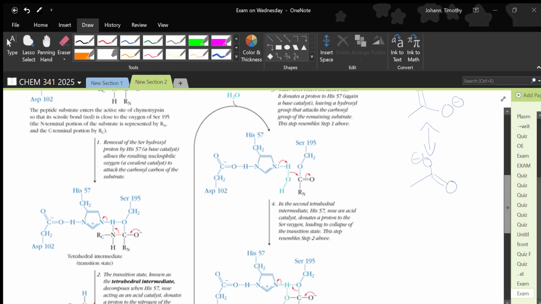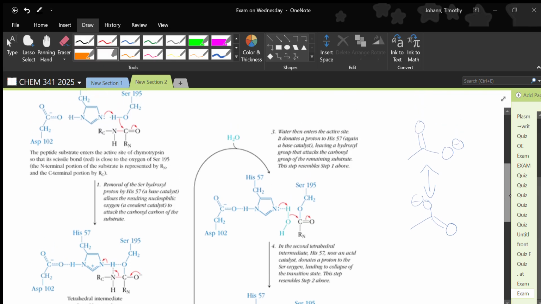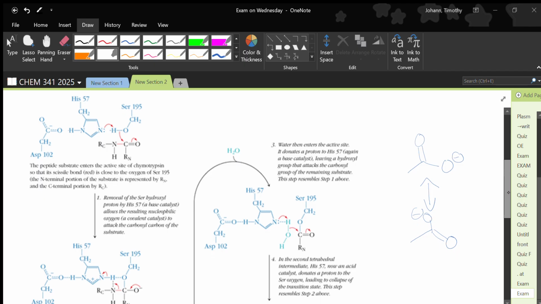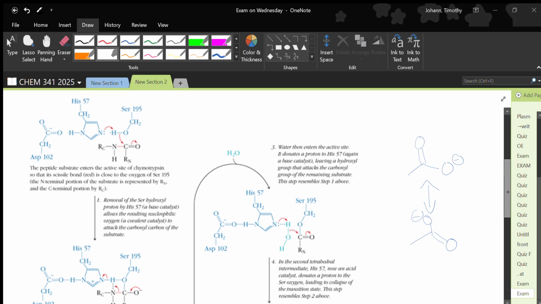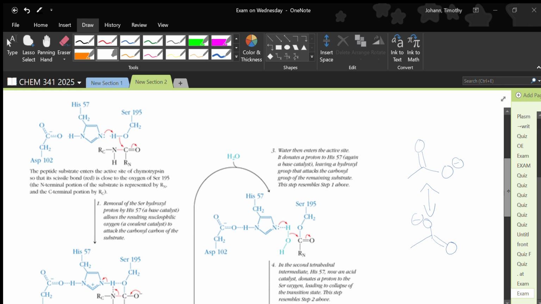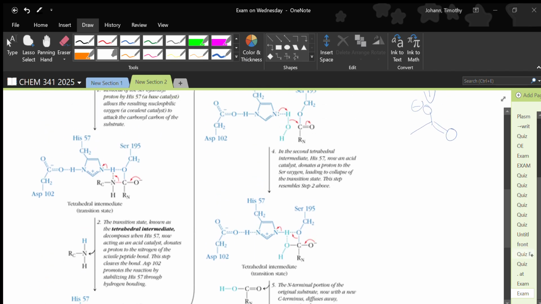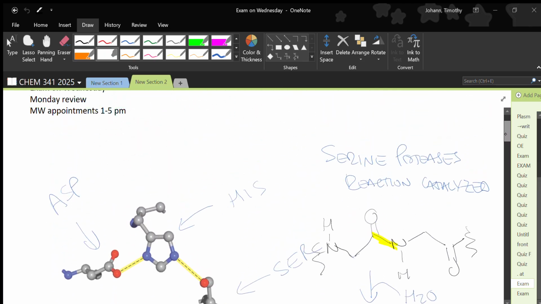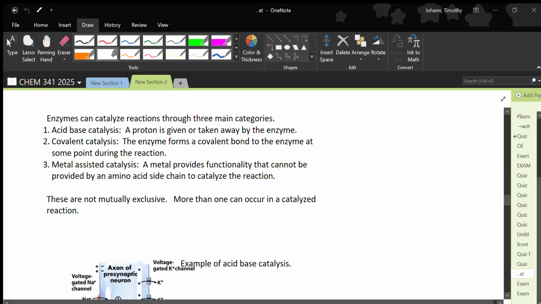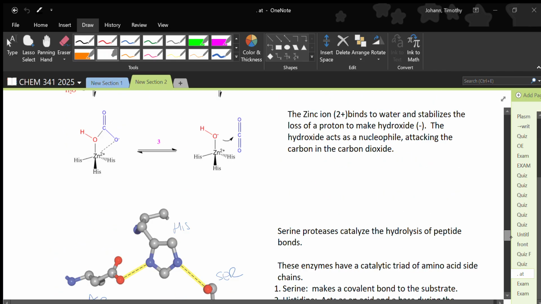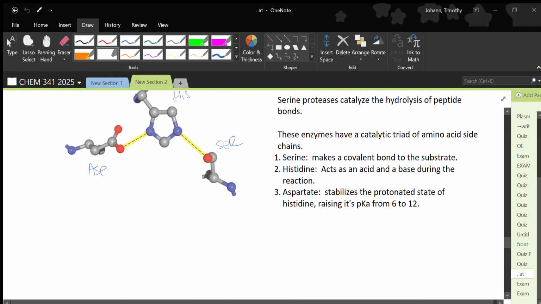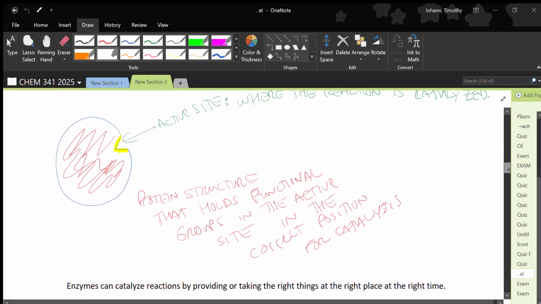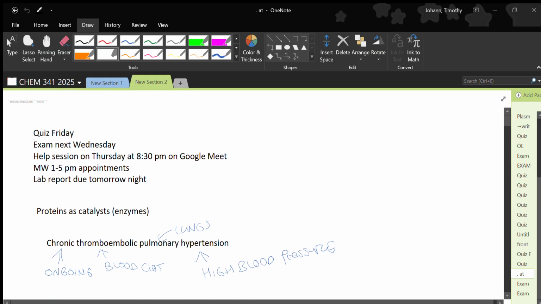Can we write those down? Can we write what down? We talked about the covalent catalysis, the three parts and what they did. Yes. Can we write that down? Oh, for right now? Yeah. Okay. If I don't see them fully written, here we go. These are the notes from last Wednesday, October 22nd.